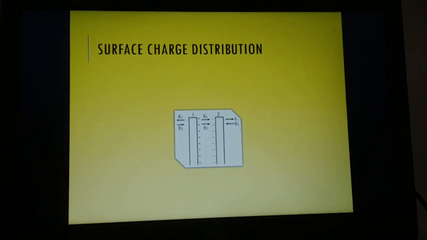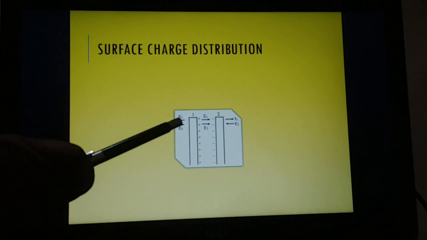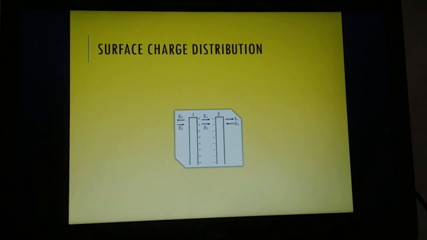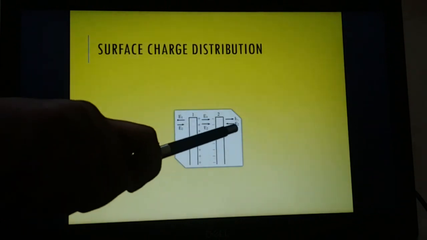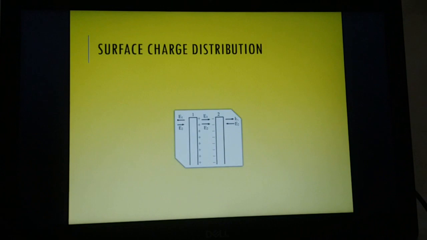Okay. Now you can see three different regions are there. In the first region, E1 and E2 are acting in opposite directions. The arrow marks are representing the direction. In the third region also, E1 and E2 are acting in opposite directions.